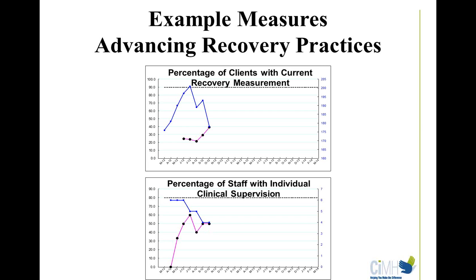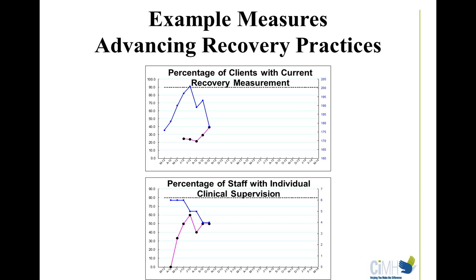And the team whose measure is reported here has made substantial improvement from having essentially no strength-based clinical supervision to now getting up into the 40 to 60% range, starting to be on a consistent basis. So this is data, the measurement that we use that helps teams see whether or not they're making progress.